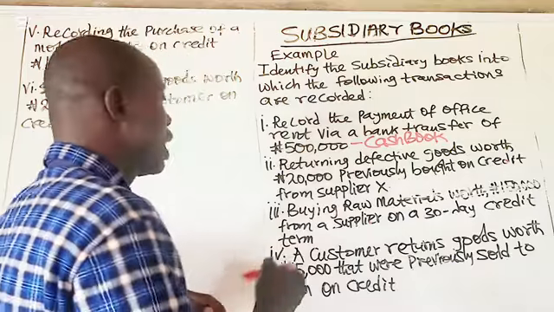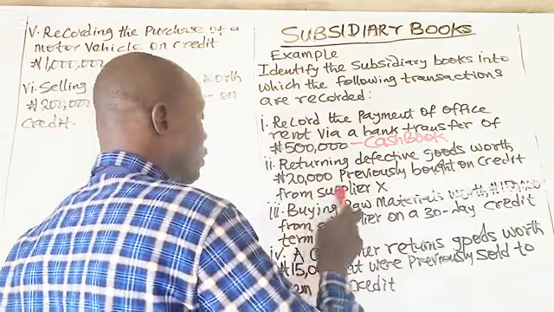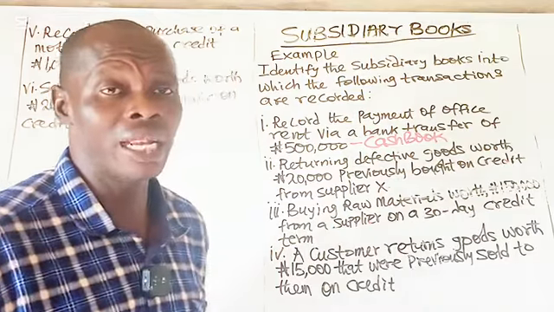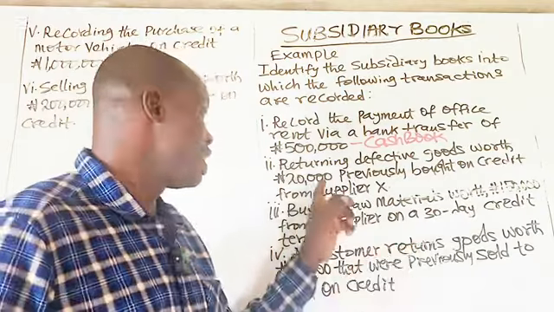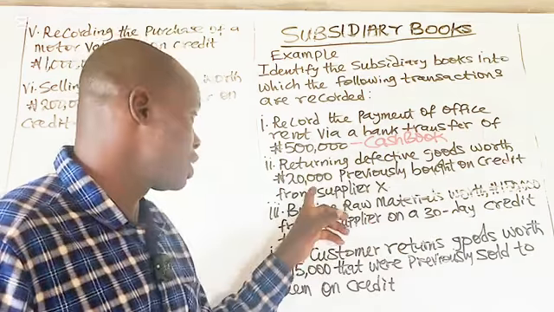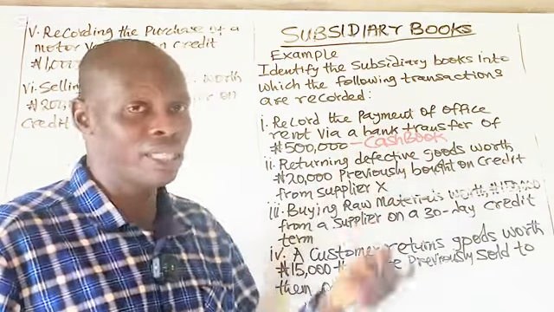2. Returning defective goods worth 20,000 naira previously bought on credit from supplier X. The goods were bought from suppliers and later returned to the suppliers. So these are goods returned to suppliers, which are called return outwards. They were returned because they were defective.